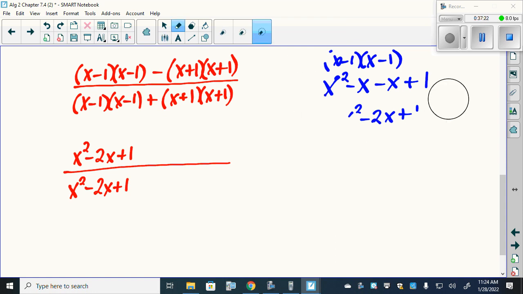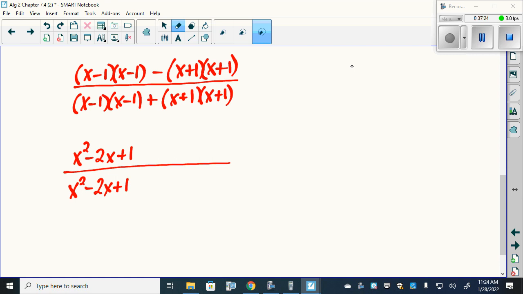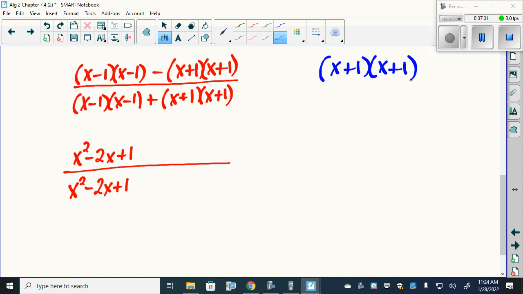Okay, I'm going to erase this because in its place, I'm going to do the other setup, x plus 1 times x plus 1. If we do this here, we'll get x squared plus x plus 1, which is x squared plus 2x plus 1.